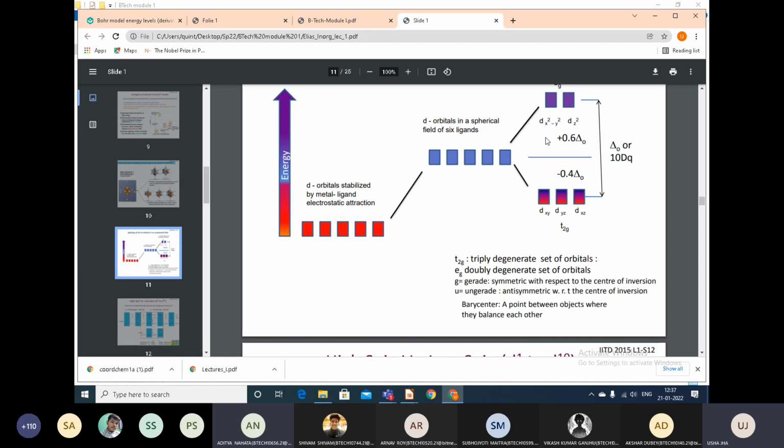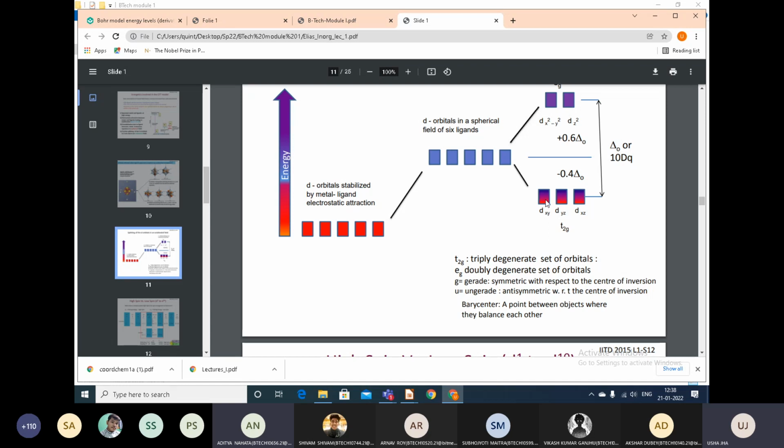Sometimes, if you have a very strong ligand which causes a huge difference in energies, the value of delta O is much higher. Suppose the value of delta O is 12, with more splitting, and pairing up is only 10. Then definitely it will go for pairing up.